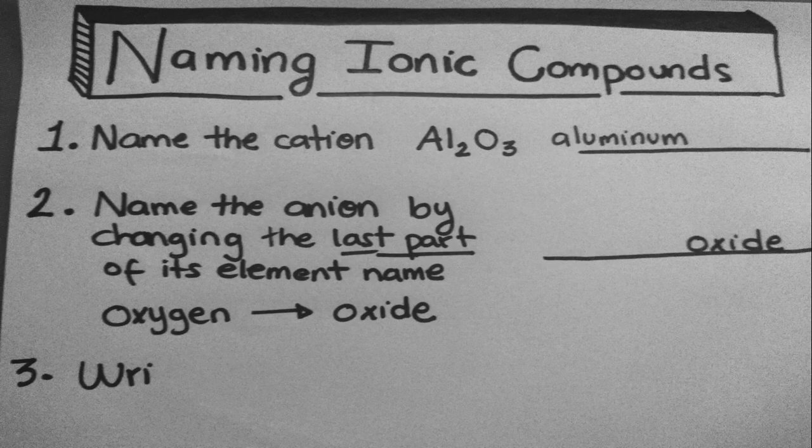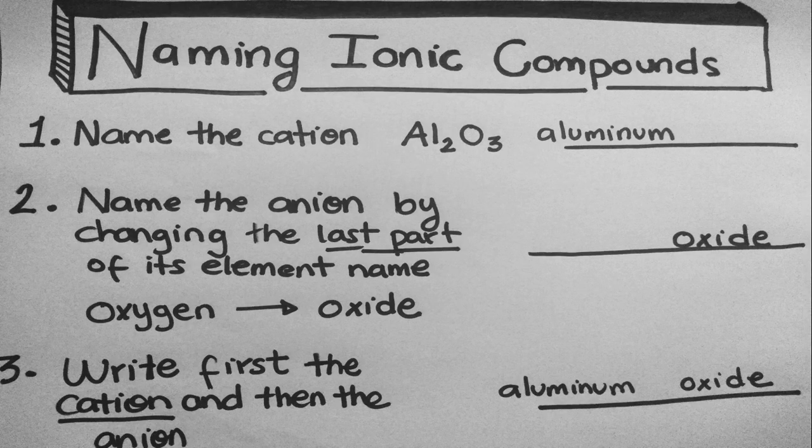We have oxygen, so we're going to change the last part of oxygen for IDE. So it will be oxide. Step number 3. Write first the cation and then the anion. So if we want to name aluminum 2, oxygen 3, the name of this ionic compound will be aluminum oxide.